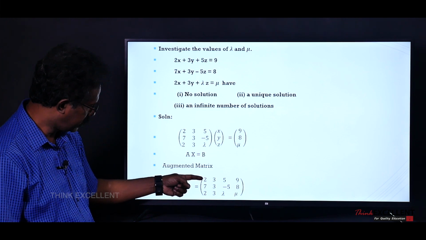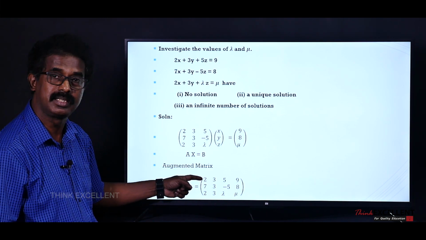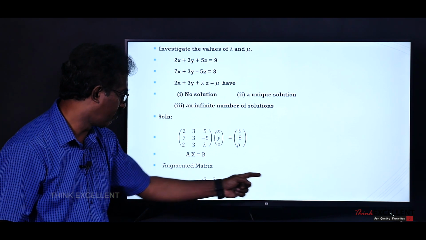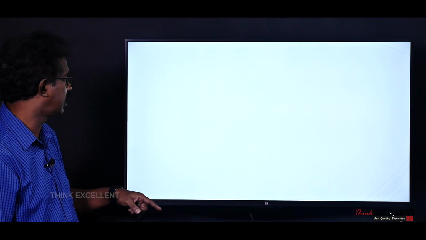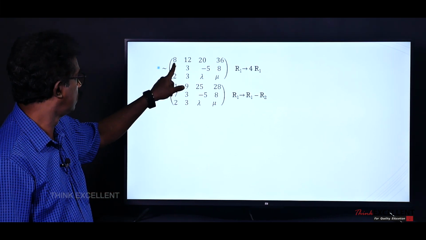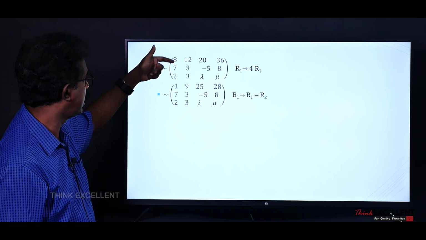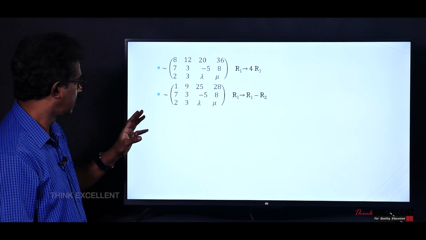Either you make it 6, multiplying by 3, then 7 minus 6. Or you make it 8, multiplying the first row by 4, you will get 8. 8 minus 7, 1. So you can do it that way. First row we multiply by 4 so that we get 8. Then 8 minus 7, R1 minus R2, you are getting 1. So that method you can do.